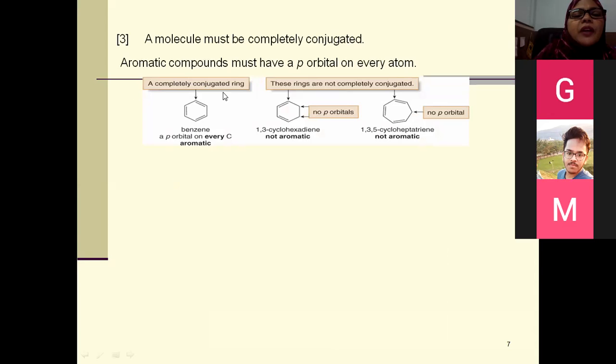Benzene is a completely conjugated ring. You can see the arrangement of double bonds in the benzene ring. It is completely alternate: double bond, single bond, double bond, single bond, double bond, single bond. And because of the conjugation, at every carbon atom we have the p orbitals. Therefore, this is aromatic in nature.